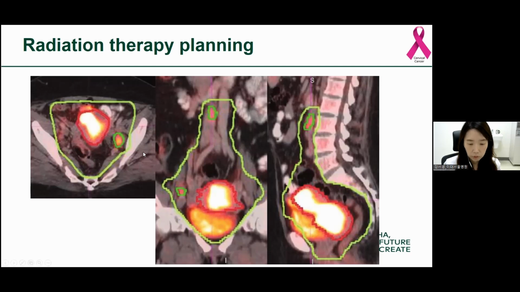PET-CT images show the gross tumor volume with the red border here, delineating a hypermetabolic mass with the vagina and posterior bladder here. And the clinical target volume with the green border here, including bilateral iliac chains and aortocaval lymph nodes.